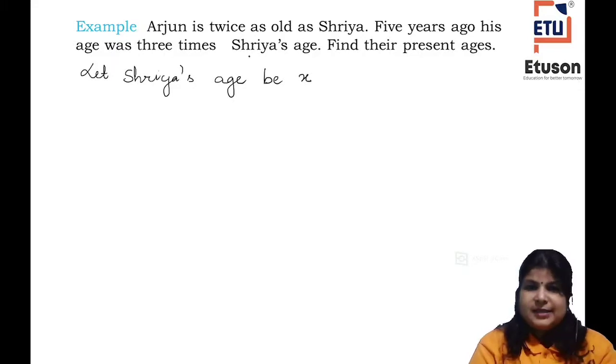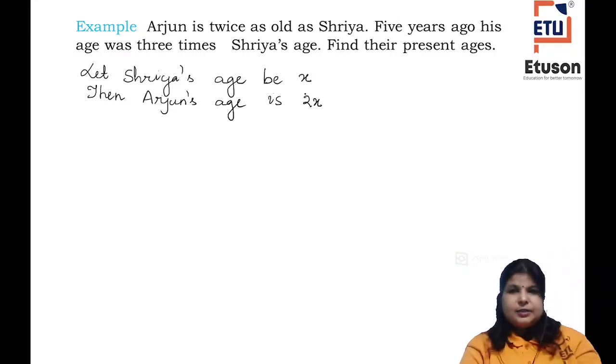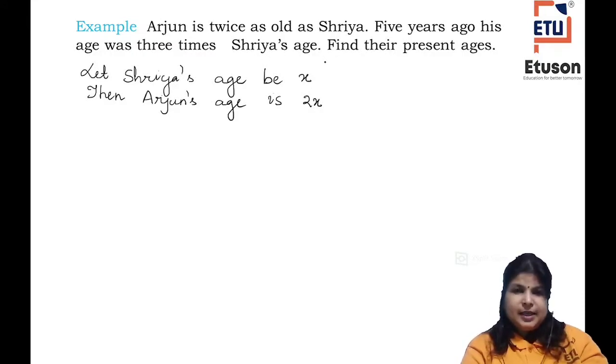Arjun is twice as old as Shriya. Then Arjun's age is 2x. Correct? Next, 5 years ago, his age was 3 times Shriya's age.